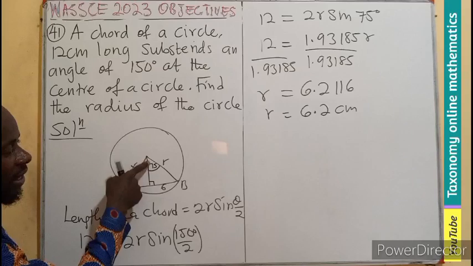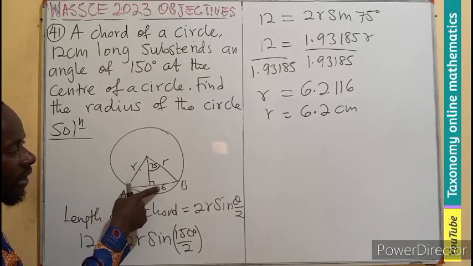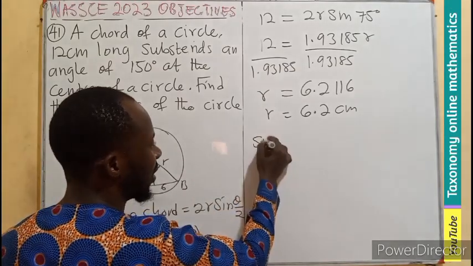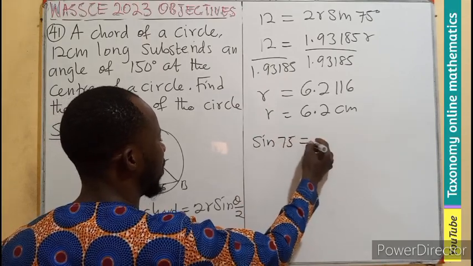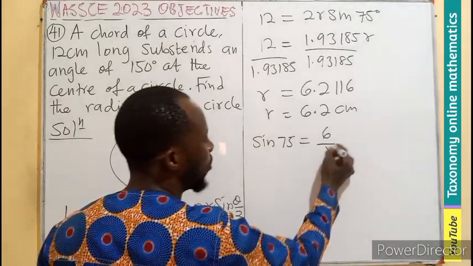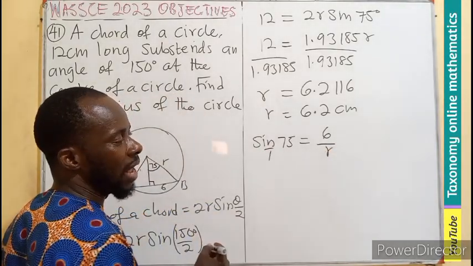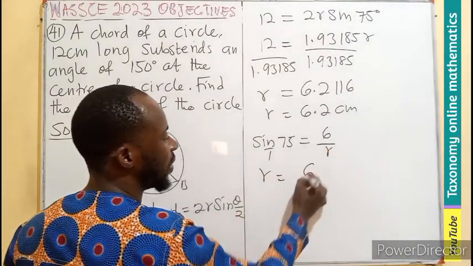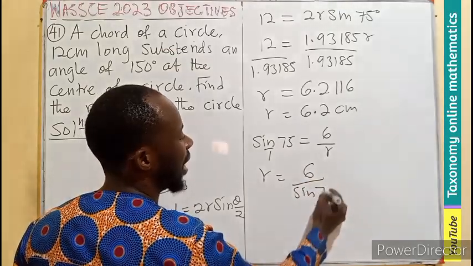Looking at this right angle triangle, opposite, hypotenuse, sine of 75 equals the opposite side over the hypotenuse. If you cross multiply, R is going to be 6 divided by sine 75.